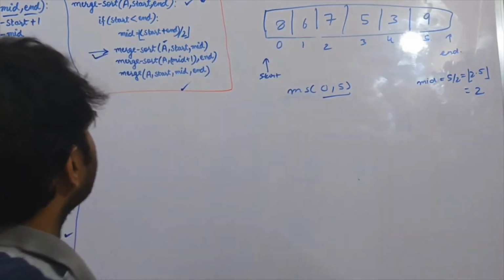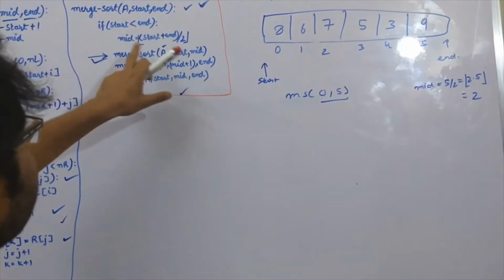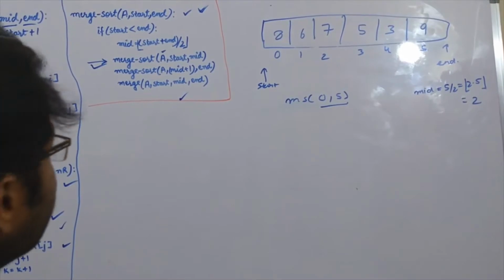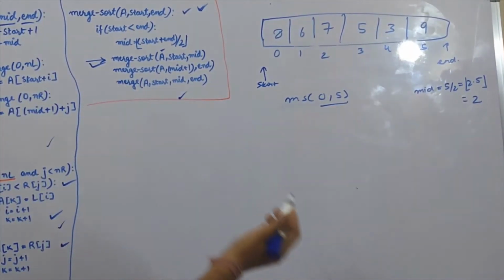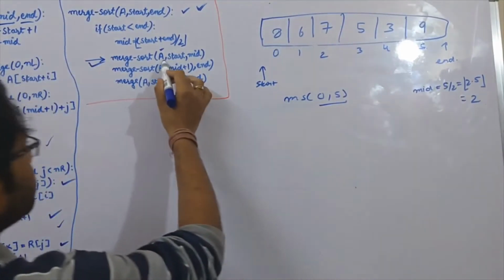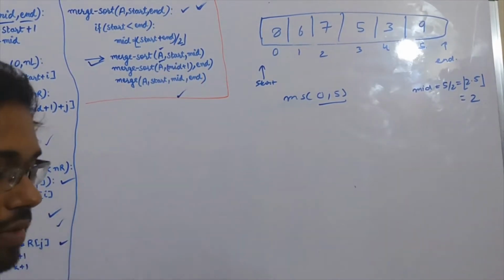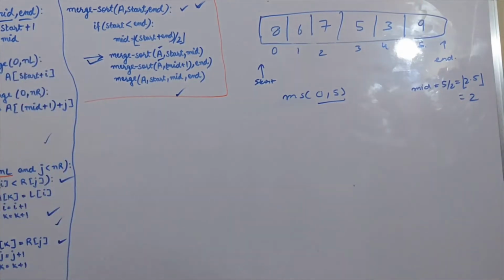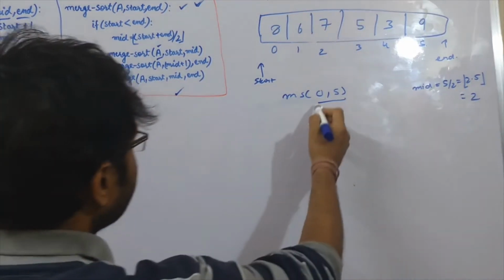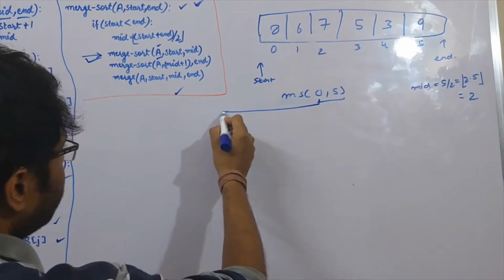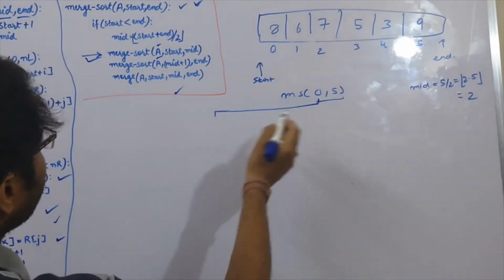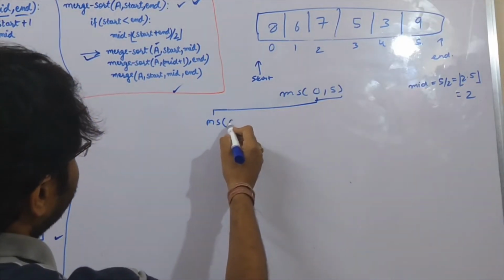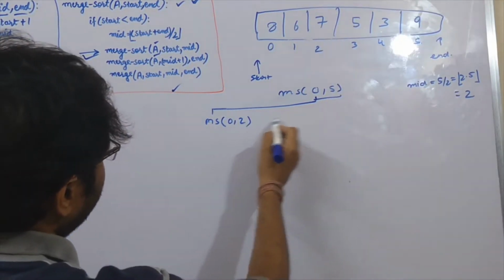So this is fulfilling start is less than end, and we have computed the midpoint, that is 2. First we will call the merge sort procedure from start to mid. I am skipping the A in the calls while making the tree structure, as it is not useful because the array will remain the same and we are only interested in the indexes. So 0, 5 will call merge sort 0, mid, which is 0, 2.